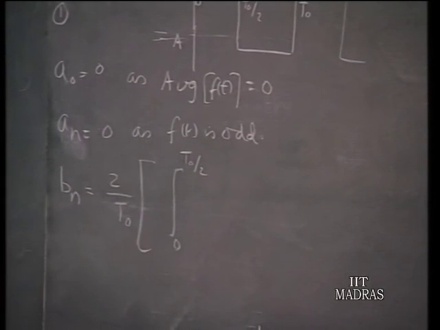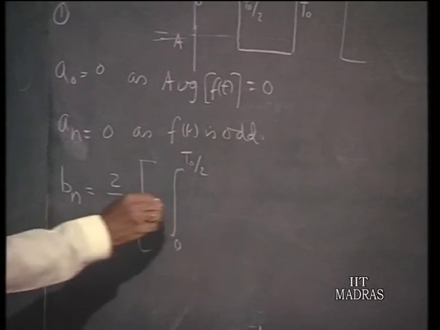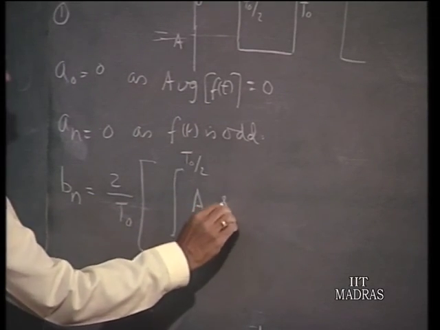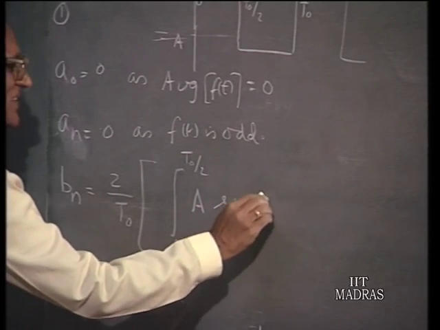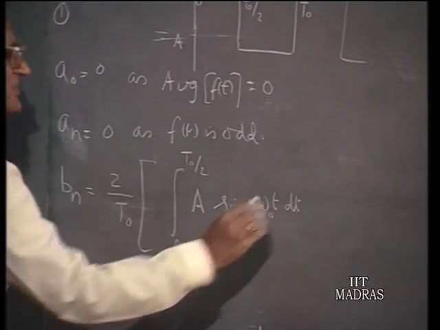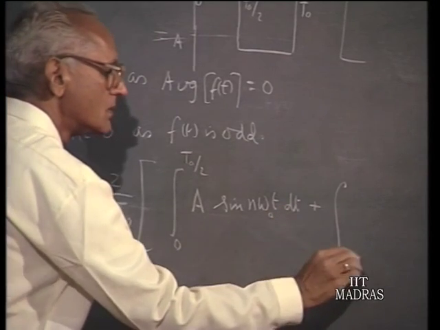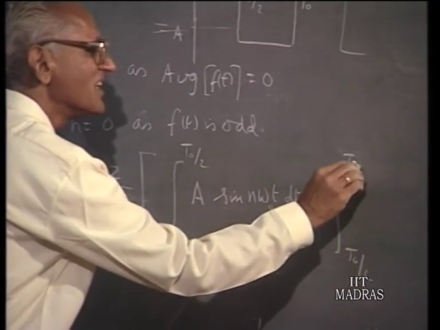I will break up this integral into two parts. From 0 to T naught upon 2, the value of the function is a sin n omega naught t dt plus the integral from T naught upon 2 to T naught.